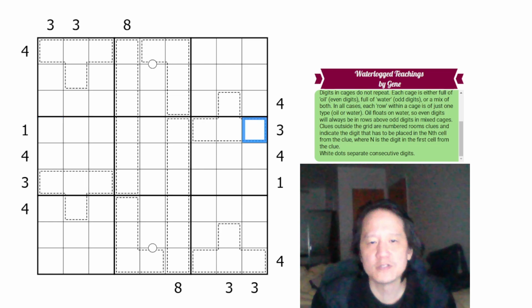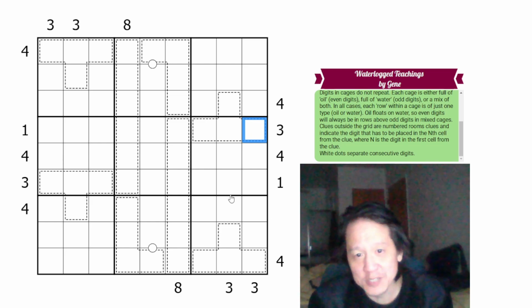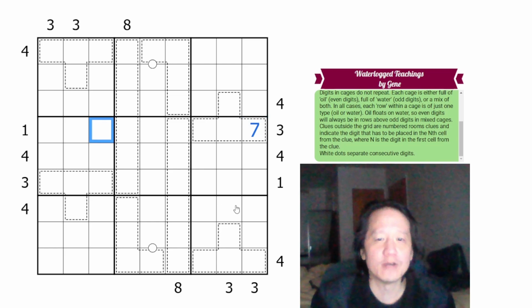If it was a 5 or whatever, that would be a 3 because it's the 5th cell. If it's a 3, well, okay, that wouldn't work. That's actually giving you a clue. But anyways, if it was a 7, the 3 would have to be in the 7th cell.